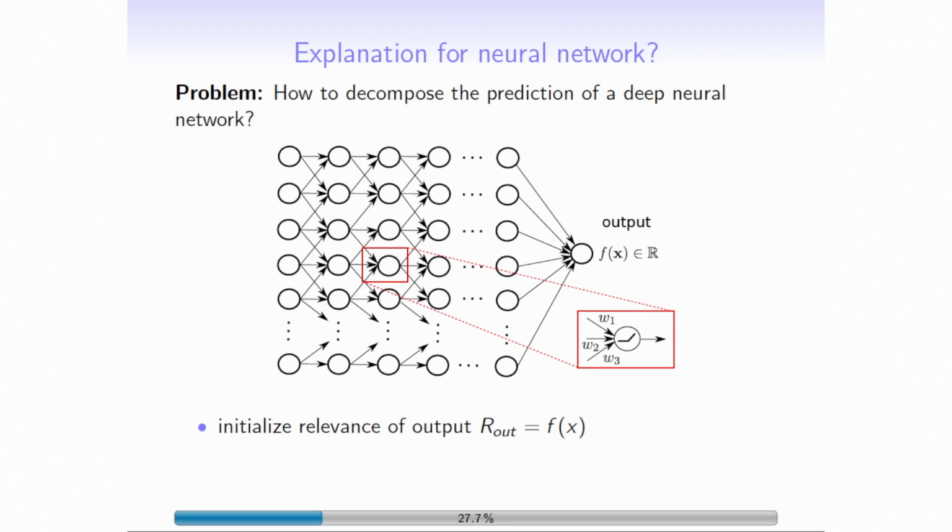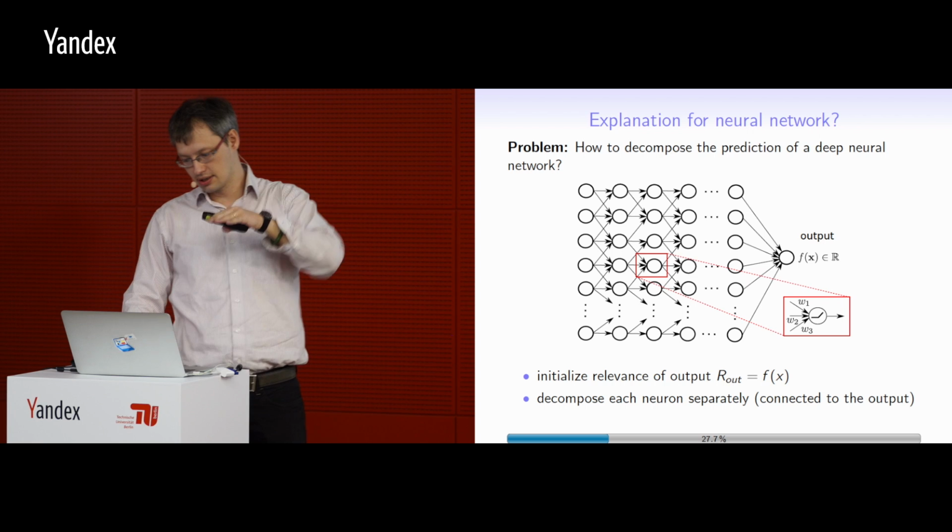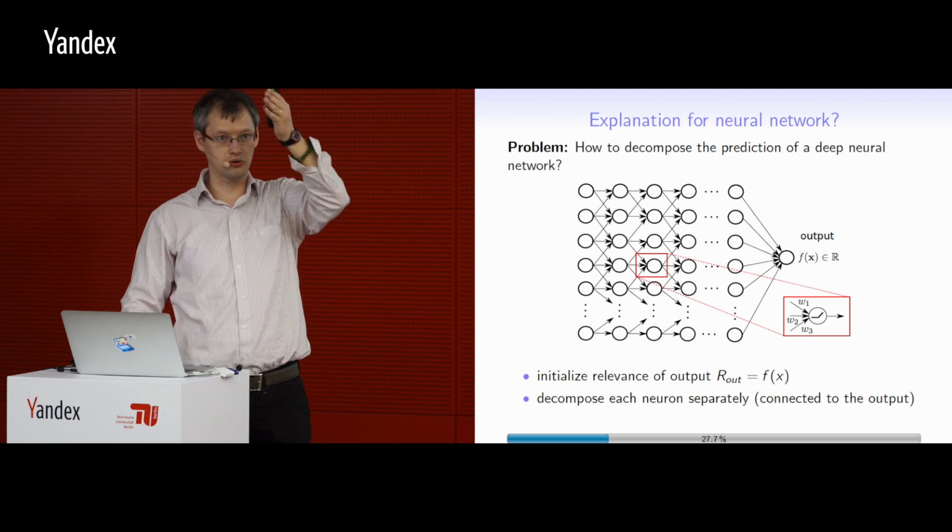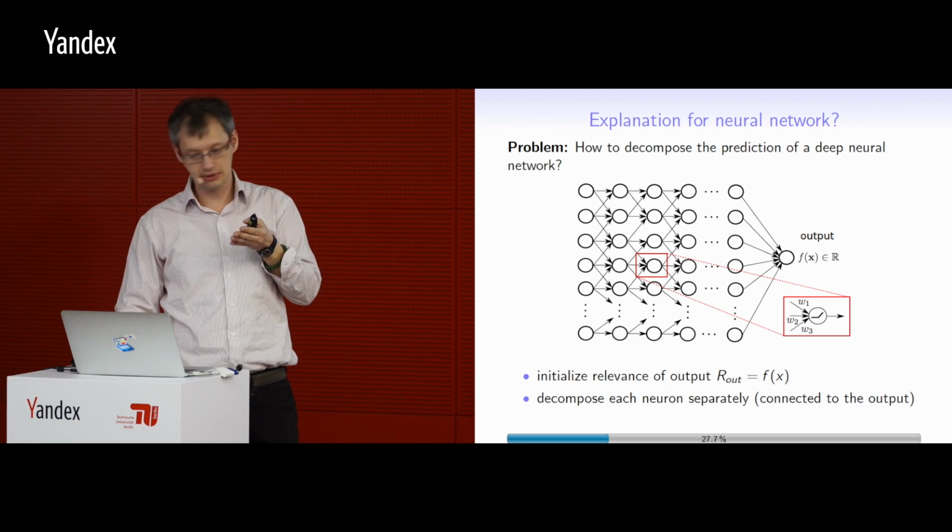You can think of this if you have now a deep neural network. You initialize the output relevance. This is the prediction of your output. And in principle, you decompose this for every neuron separately. You start with those which are directly connected to the output, and you backpropagate the relevance scores.